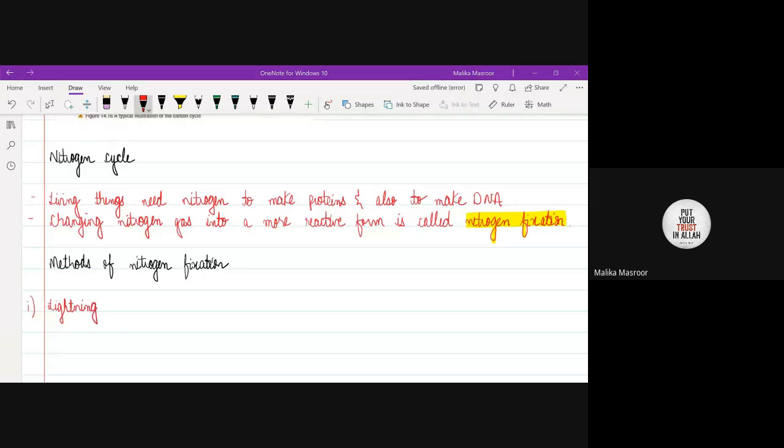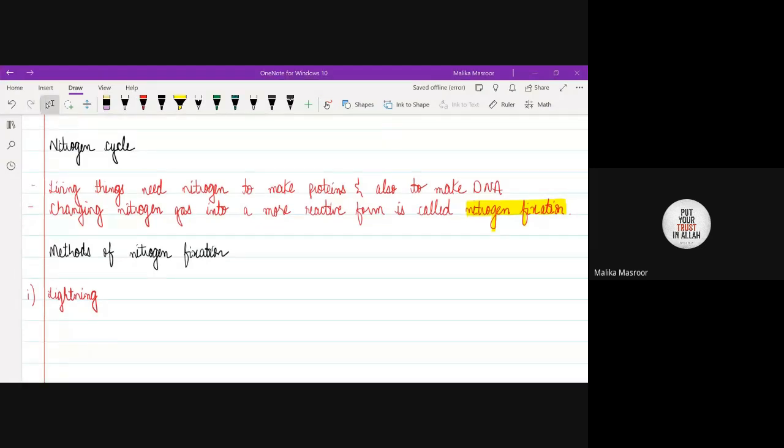It makes some of the nitrogen gas in the air combine with oxygen, forming nitrogen oxides. They dissolve in rain and are washed into soil where they form nitrates. So this is one method, called lightning.